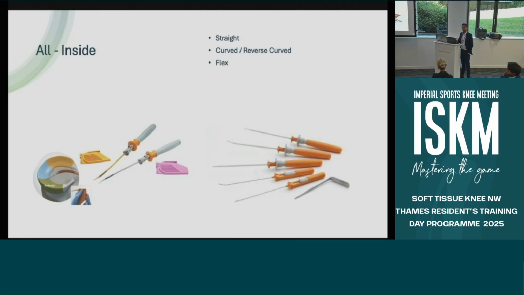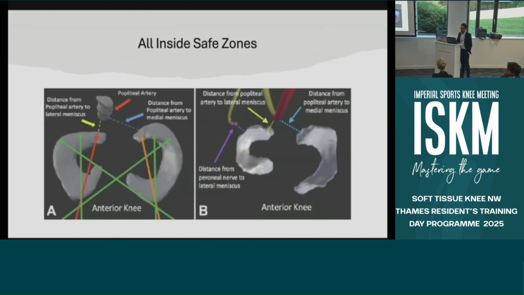Sometimes it's good for the posteriors anyway, where you've got a tight medial compartment you're trying to get into. All inside devices are quite good. You just have to be careful, and this is why the techniques exist. With all inside for your posterior horns, you are generally pretty safe, except if you're going straight back with the lateral meniscus from the lateral portal. Again, not many people do that, but just be mindful.